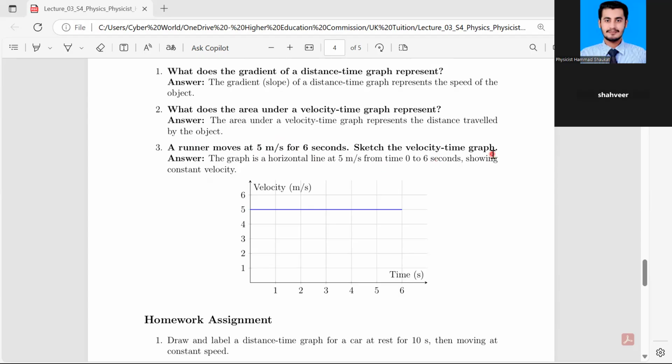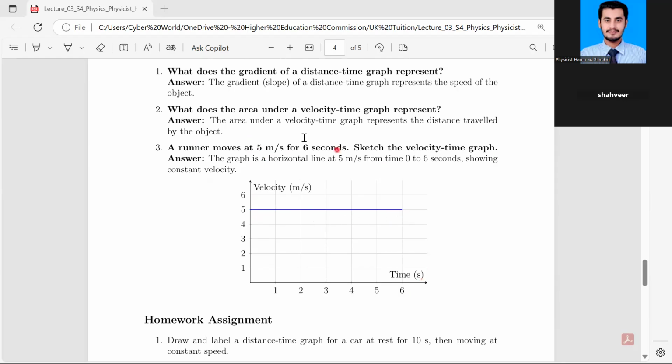How can you make it? First of all, take time on the x-axis. The maximum time is 6 seconds, so you can take values up to 6. The maximum velocity is 5, so you can take up to 5 or 6. If velocity is not changing, you can make a straight line up to 6.